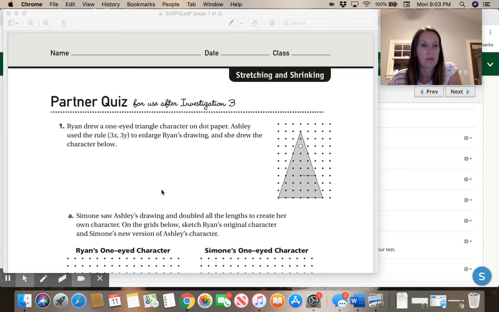All right, so number one says Ryan drew a one-eyed triangle character on dot paper. Ashley used the rule 3x, 3y to enlarge Ryan's drawing, and she drew the character below. So this drawing over here is Ashley's drawing. Okay, so Ashley had already used the 3x, 3y rule to make this drawing.